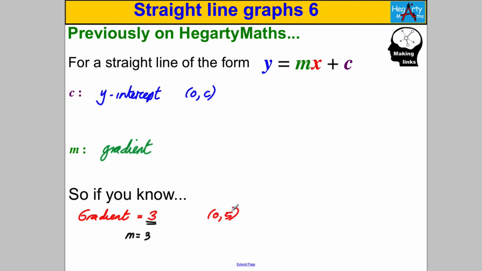If it goes through 0, 5, that means its y-intercept is equal to positive 5. So therefore you could write the equation of the line y is equal to mx plus c, 3x add 5. So this is kind of going backwards. If you were told verbally the gradient was 3 and it went through 0, 5, you could deduce the m is 3, c is 5, and hence write the equation of the line.